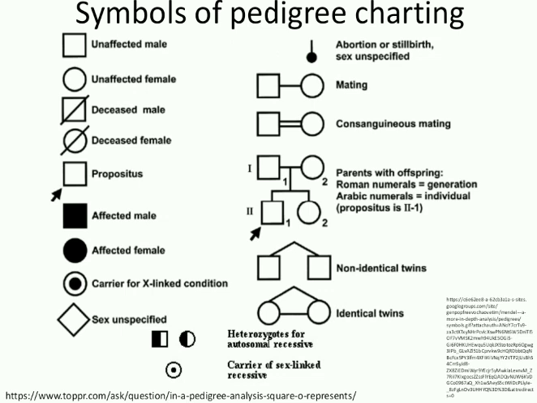Whereas if you draw a circle with an arrow from the left bottom, that is the proposita. The proposita is the affected female person drawing the attention of the family members to the clinician. That means they are the people who are coming to your clinic. You can also use the term proband. The proband is a broad category which includes both propositus and proposita.